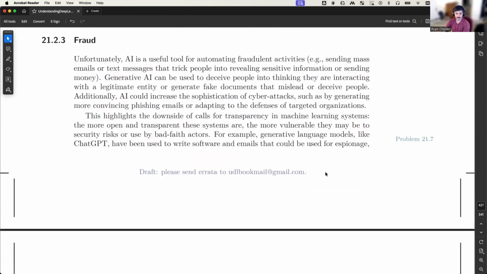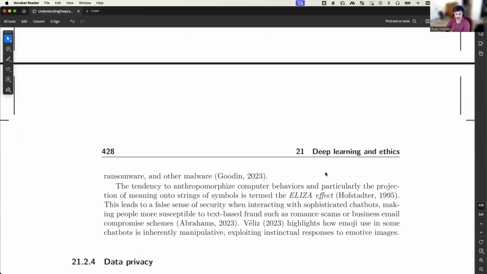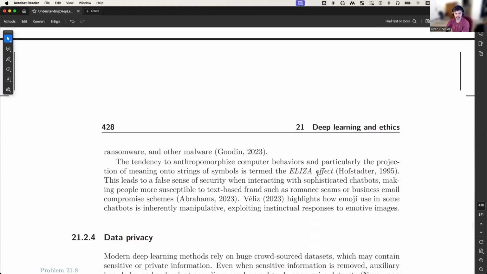Another section they talk about is fraud. I'm sure that with ChatGPT and everything, all of the spammers and scammers have significantly skilled up in terms of better English, better convincing skills, better scalability. They can just say, now I have 1,000 chatbots that are just trying to convince people to give their credit card and stuff like that.